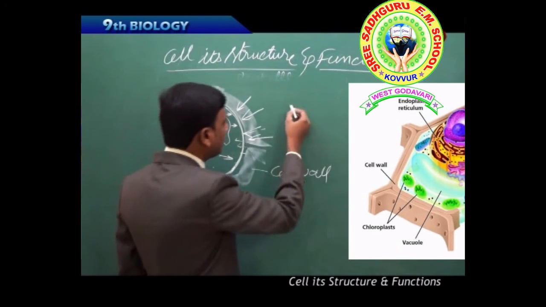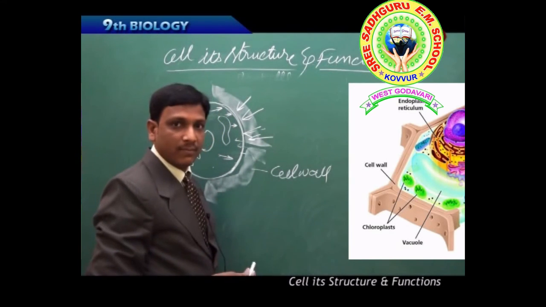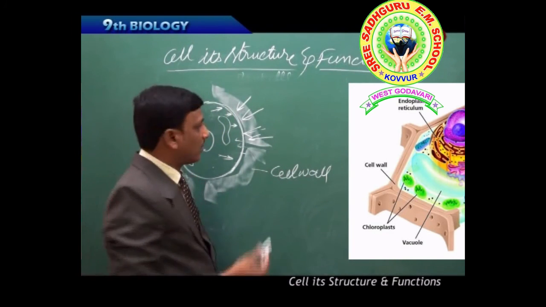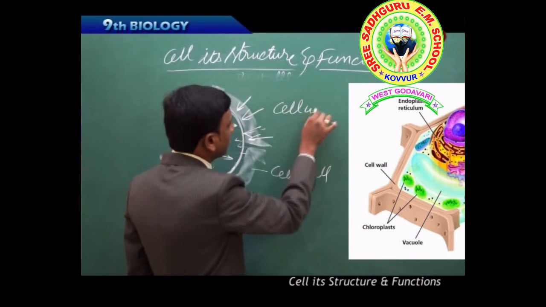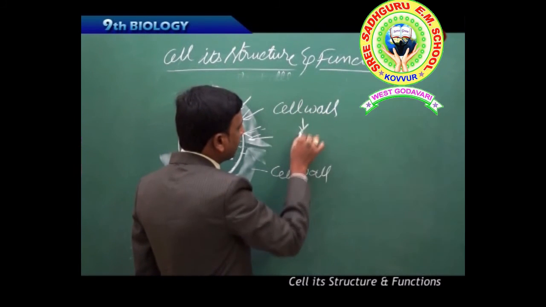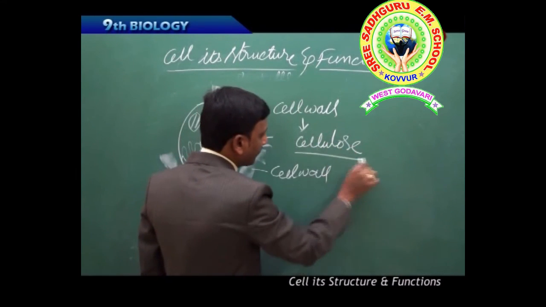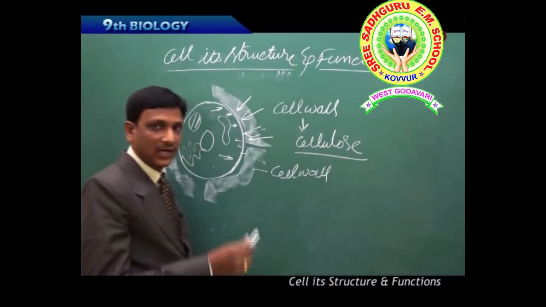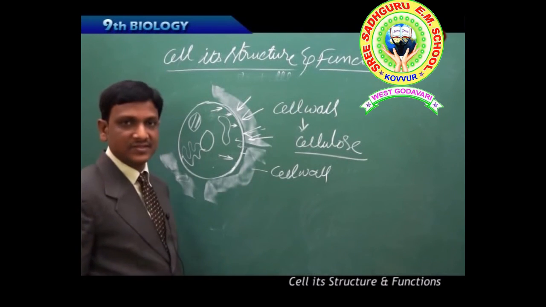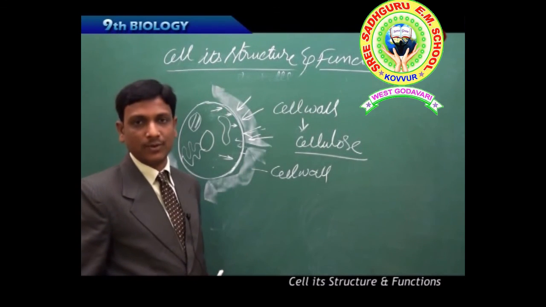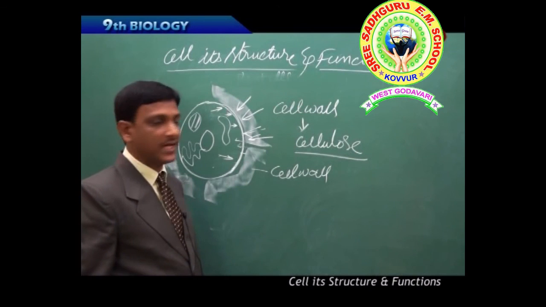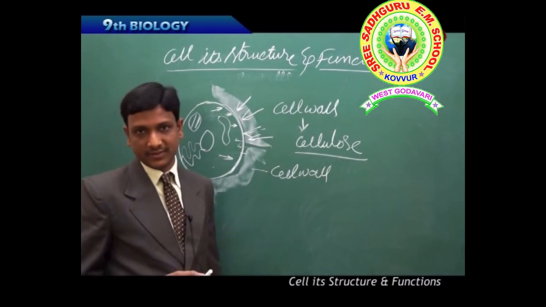We learned that the cell membrane is made up of lipids and proteins. Then what is this cell wall made up of? The cell wall is made up of a material called cellulose. You might have heard this name cellulose. Cellulose is a kind of carbohydrate. So cellulose is used to make paper.